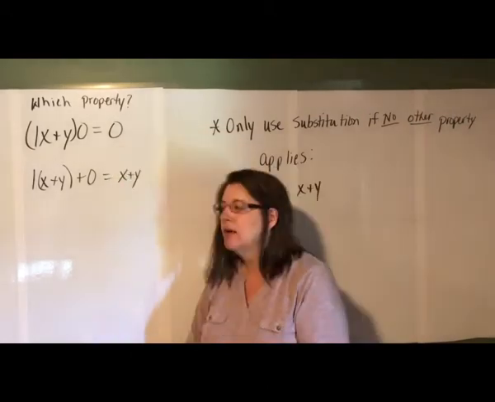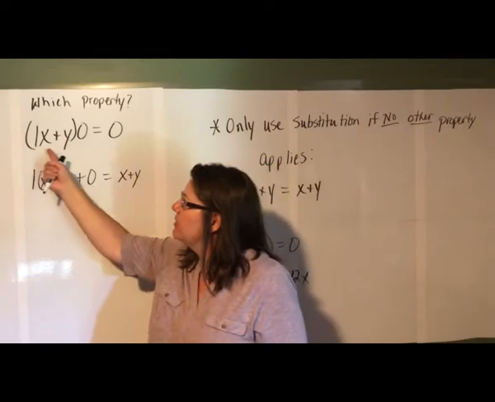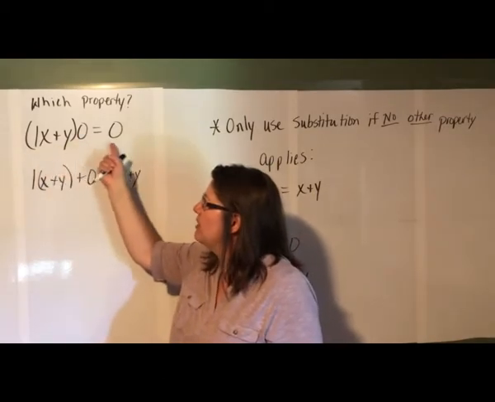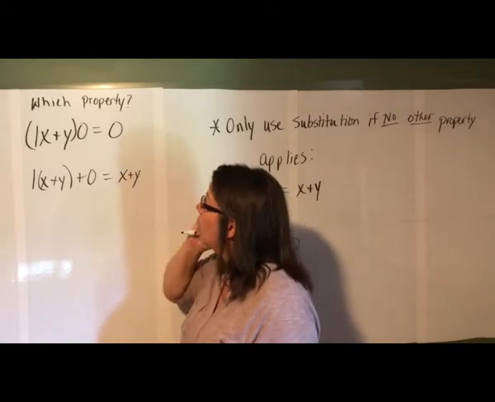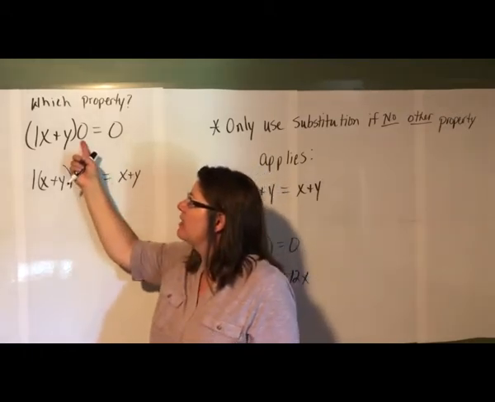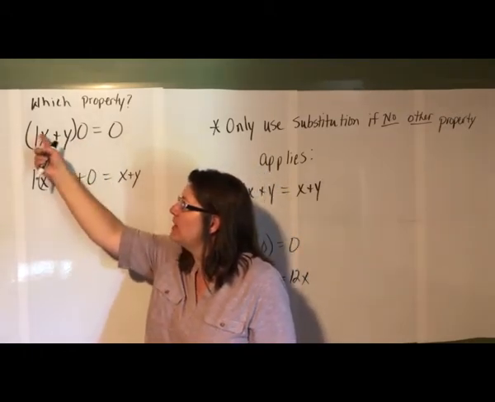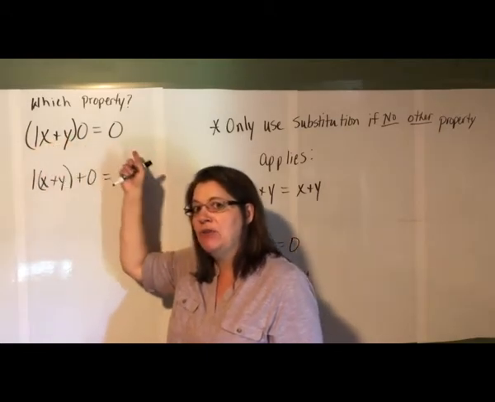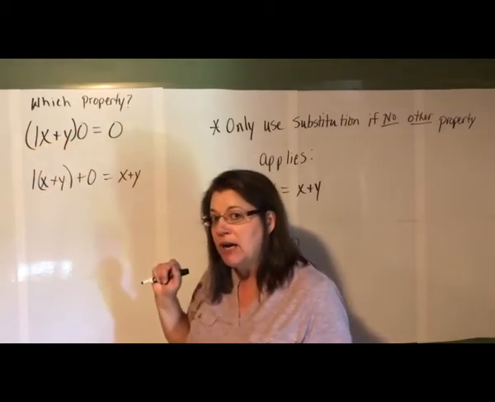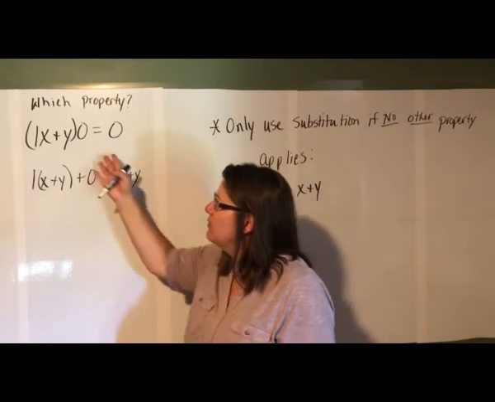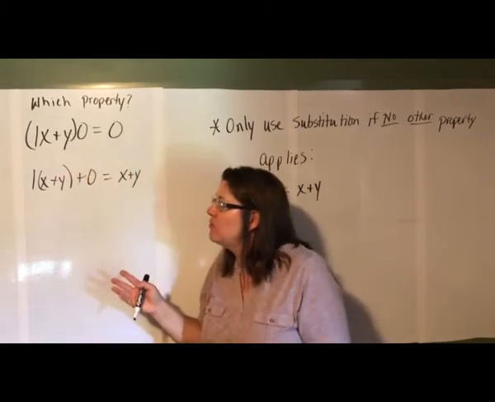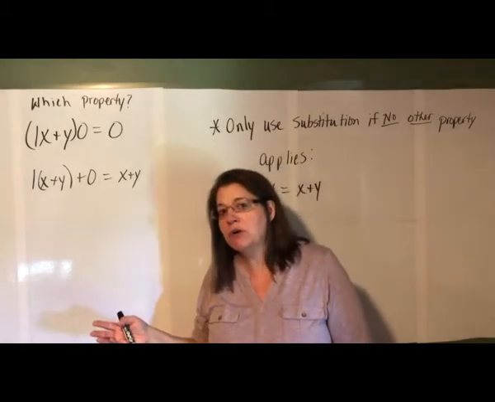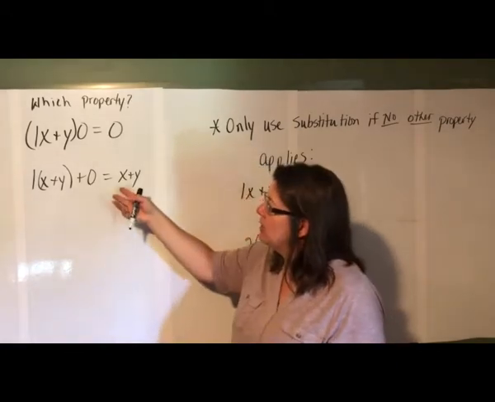Now looking at this one, this times 0 equals 0, that's a multiplicative property of 0, okay? Or we could say, well, that 0 is on the outside, so if I multiply everything by 0 on the inside, I've used the distributive property, okay? So there are some different things you could do with that. So you just have to understand that if more than one property works, that's okay. Look at this one.